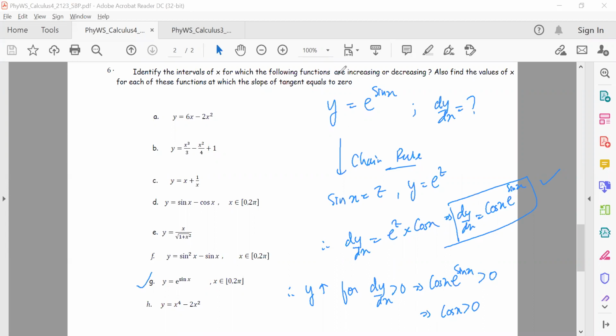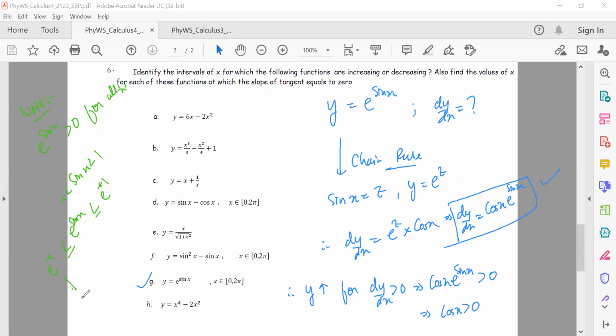Okay. So the important thing here is that e raised power sin x is greater than 0 for all x, because for all x, sin x ranges between -1 and +1. So e raised power sin x ranges between e raised power -1 and e raised power +1.